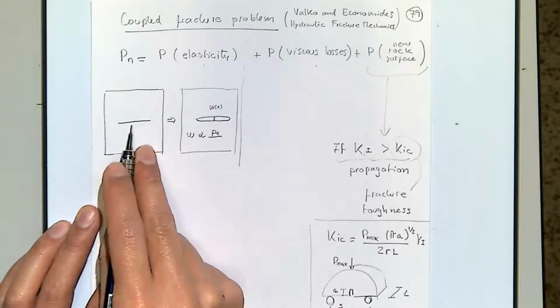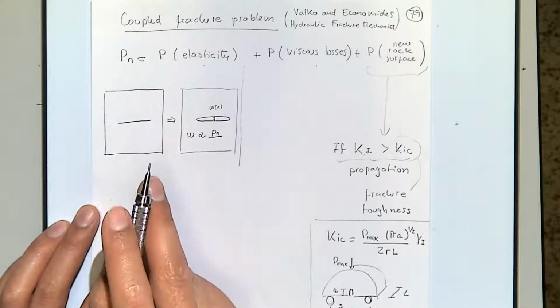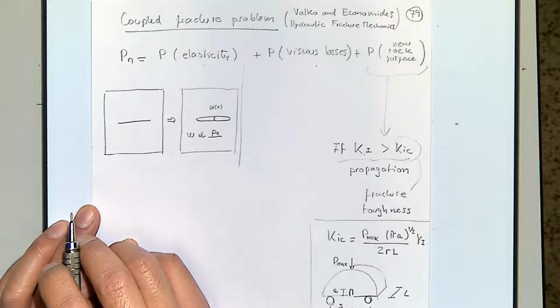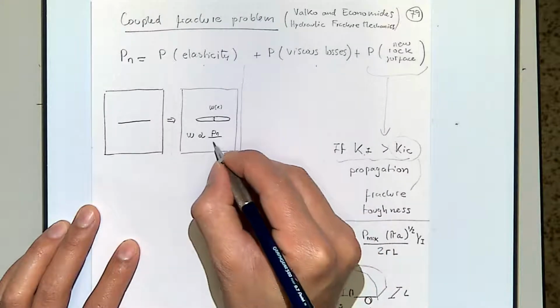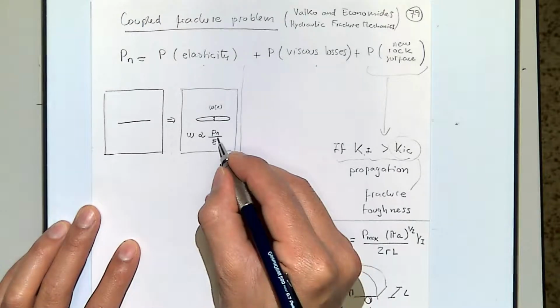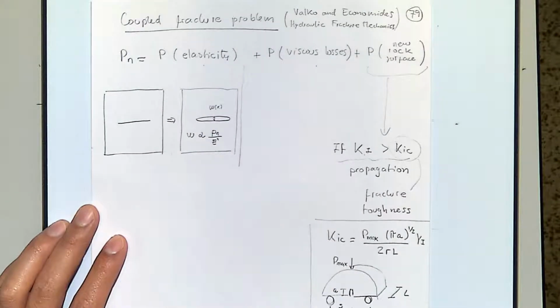In this case, let's consider a fracture that is not propagating. I'm just looking at the work needed to open the fracture. The stiffness of the rock, right? And in this case, we're going to work with some plane strain solution, so this is going to be the plane strain modulus.